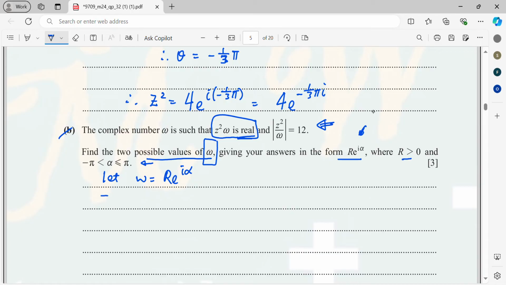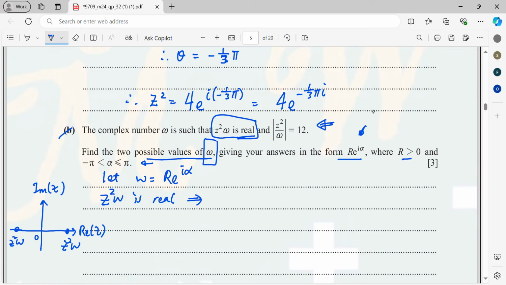Okay, and now from this statement, z squared w is real. That means, when I draw the Argand diagram, it will be on the left side or right side, as long as no imaginary part. So this is my real axis, and this is my imaginary axis. Either this side, which is on the right side, or on the left side.